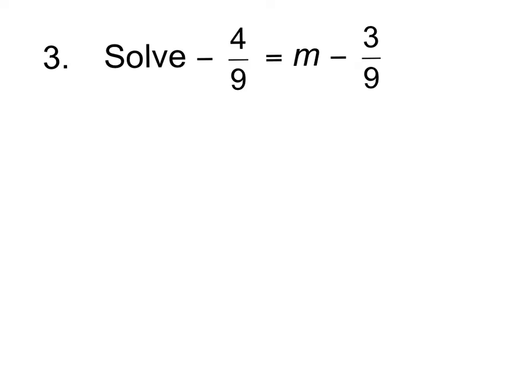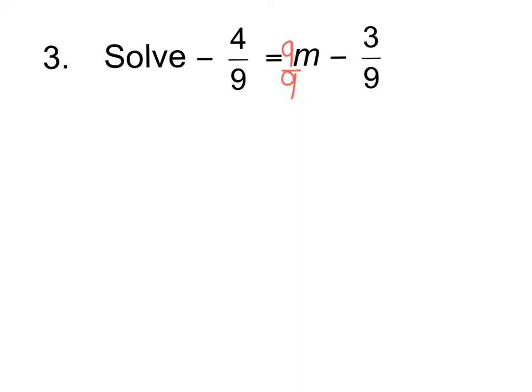If you recall, the coefficient, which is the number in front, of m is 1. So really this is 1m, which when I want it to have a denominator of 9 would become 9 over 9m.